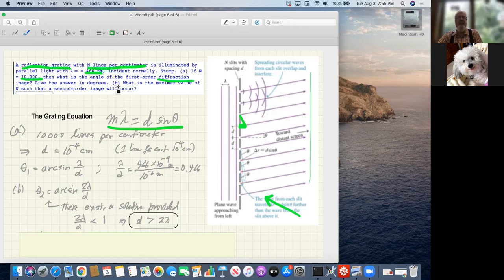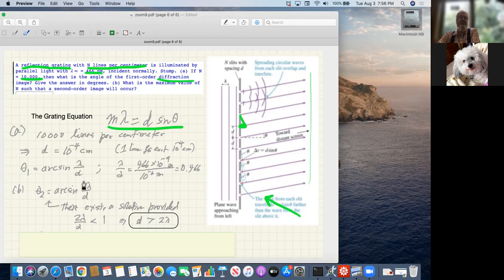Part B says, what's the maximum value of N such that a second order image will occur? So that would correspond to m equals 2. So you would get a bright region at sine theta equals 2 lambda over d, where theta is arc sine of 2 lambda over d. Now this equation does not have a solution if 2 lambda over d is greater than 1.